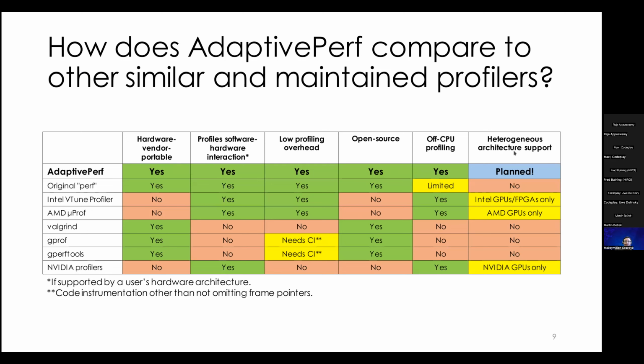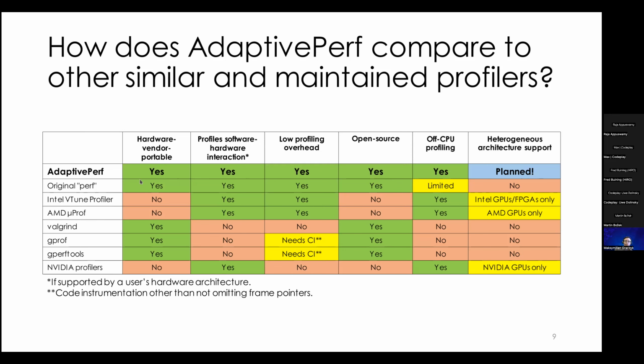You can see that AdaptivePerf is hardware vendor portable thanks to using kernel-based performance counters. It can profile software-hardware interaction if supported by a user's hardware architecture. It has low profiling overhead. It's open source. It supports off-CPU profiling, and it will, at least to some extent, support heterogeneous architectures in the future.